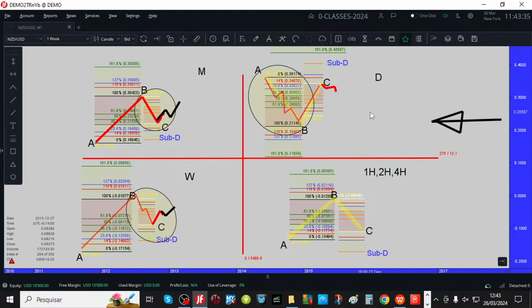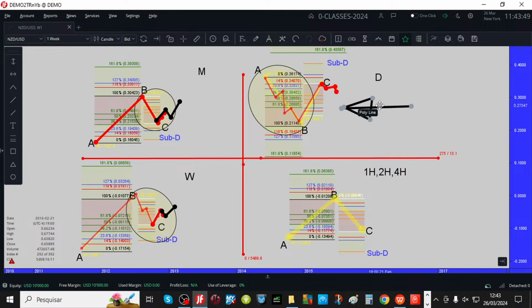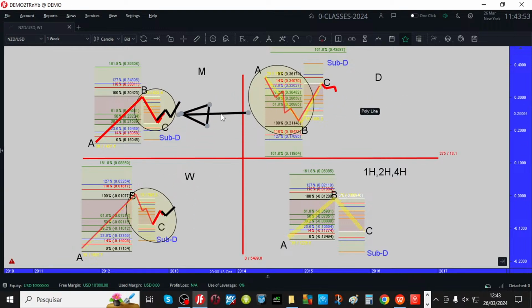What is the driving force? If you understand this, you are going to trade in the correct direction, meaning higher probability.